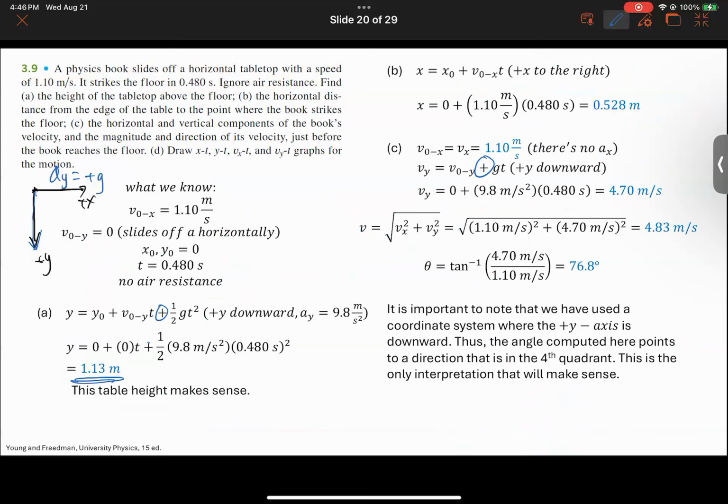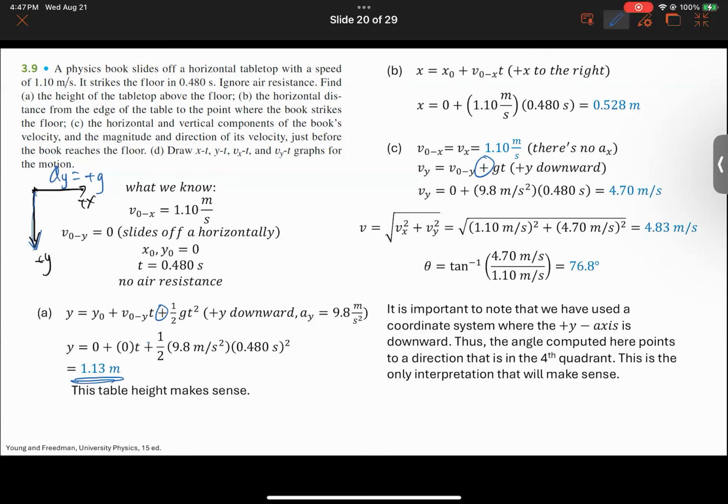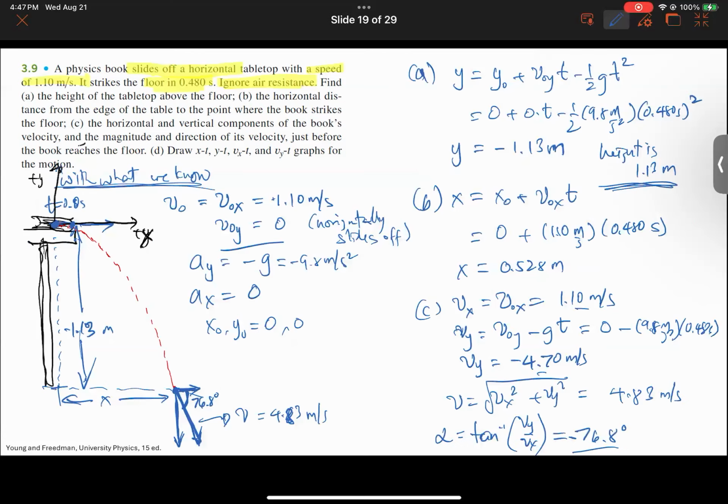Okay? Dito naman sa letter C, okay, yung Vx, okay, is constant, talagang 1.10 meters per second lang siya. Pero yung Vy, okay, ay negative dito sa solution na ito at positive dito sa solution na ito. Kaya dito makikita nyo, positive 4.7 meters, pero dito, negative 4.7 meters. Okay?